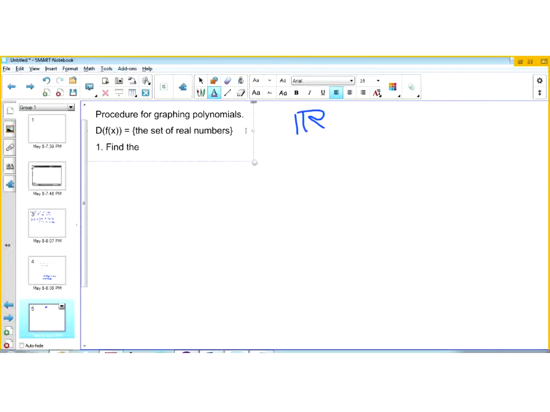The next thing we want to do when graphing polynomials is find the symmetries. There are two types of symmetries that we essentially look for. The first type is even symmetry, and this implies that the graph is symmetric with respect to the y-axis.